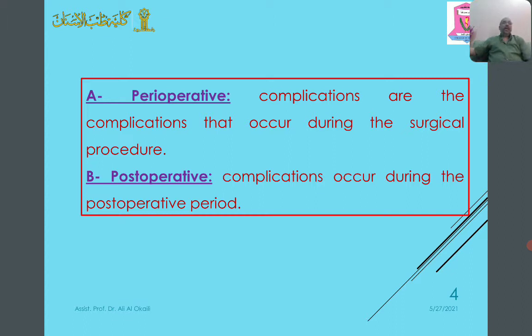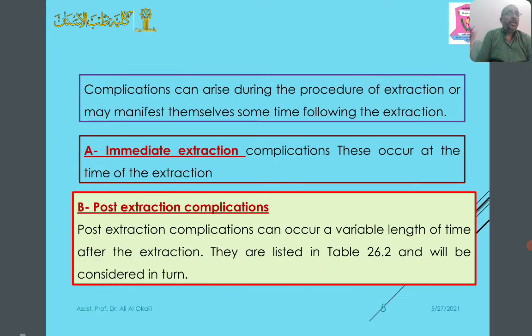الآن نبدي مع موضوع المحاضرة الرئيسي اللي هي complications، واللي هي قلنا تقسم إلى قسمين: perioperative complication, which are those complications that occur during the surgical process or procedure, and post-operative complication, which are these complications occur during and after the surgical procedure or post-operative to the surgical procedure.